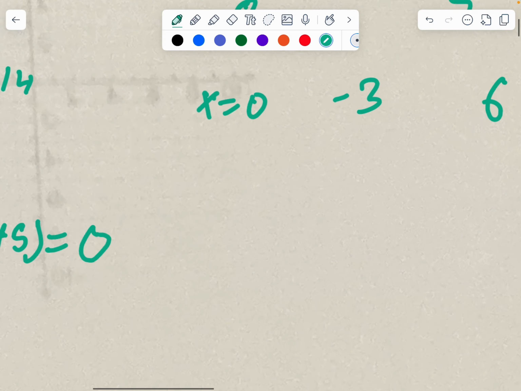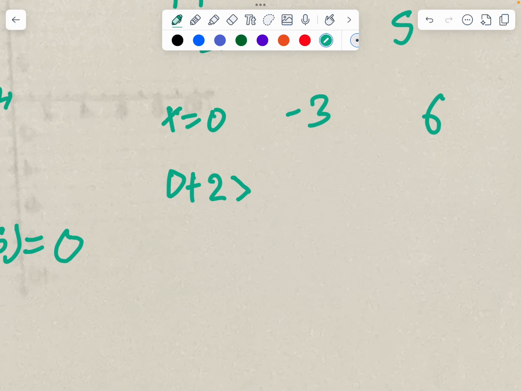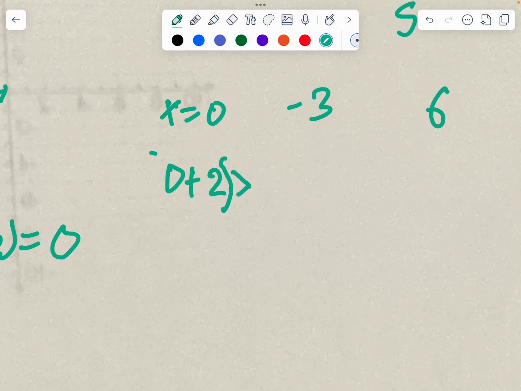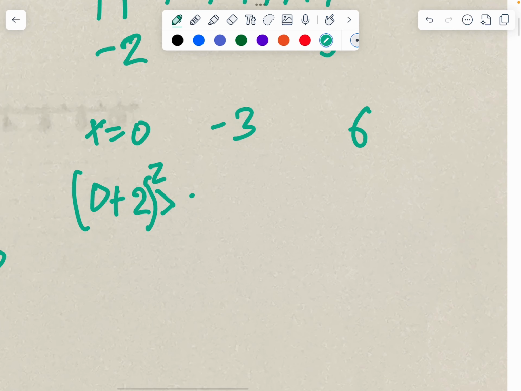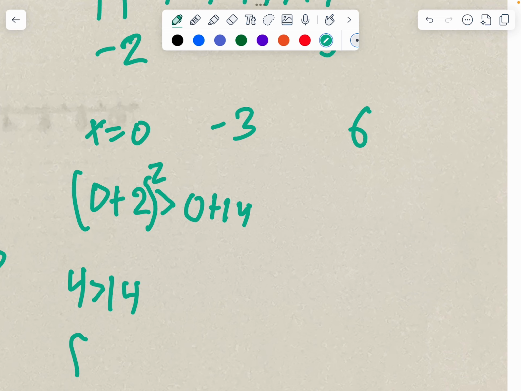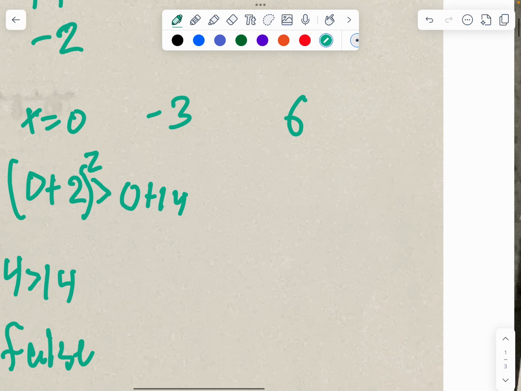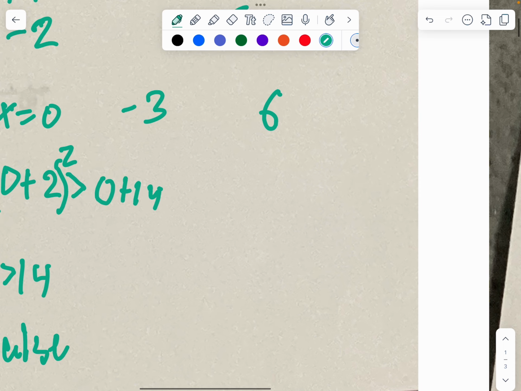So 0 plus 2 squared is greater than 0 plus 14. So this is 4 is greater than 14, which is false. So 0 is false.